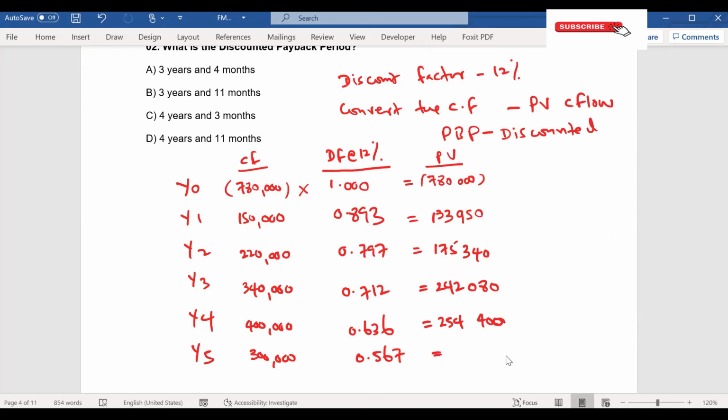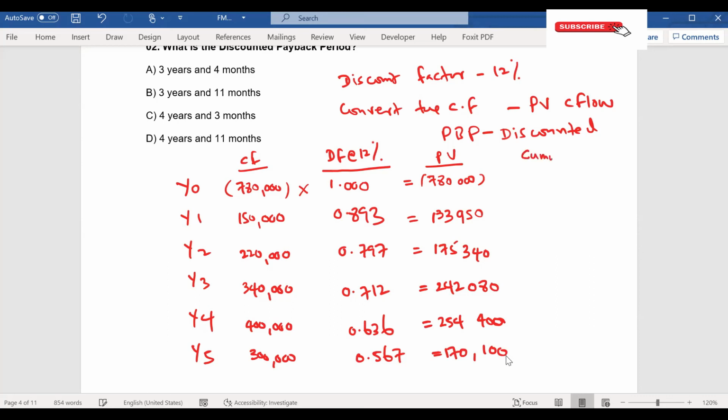And year 5 will be 300,000 times 0.567. So that will be 170,100.